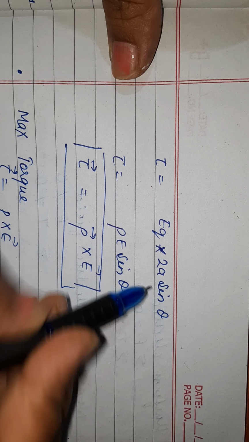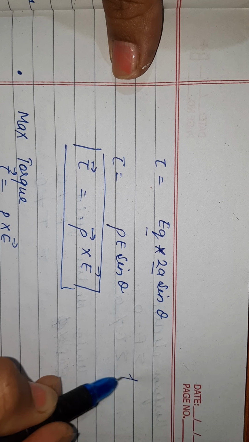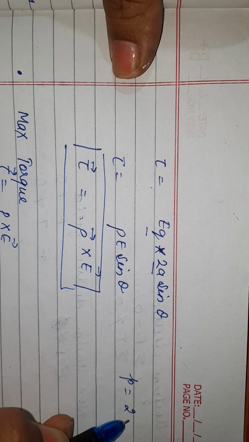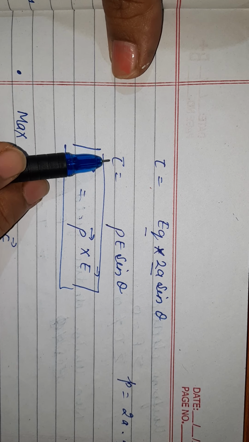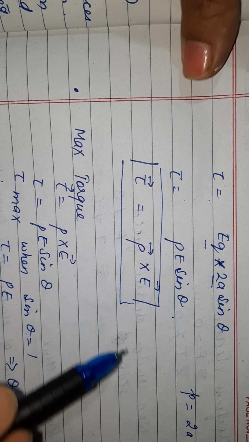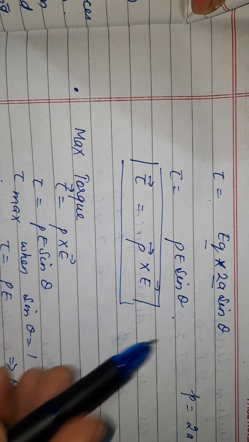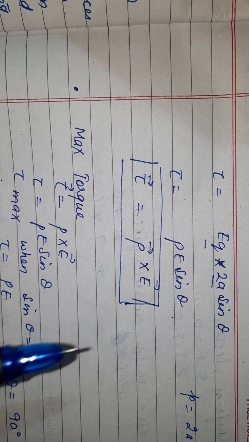We have replaced 2a into Q by P as the dipole moment. P is equal to 2a into Q. Fine. Earlier, when you studied vectors in your 11th class, PE sine theta can be written in the cross product form. So torque is equal to P cross E.